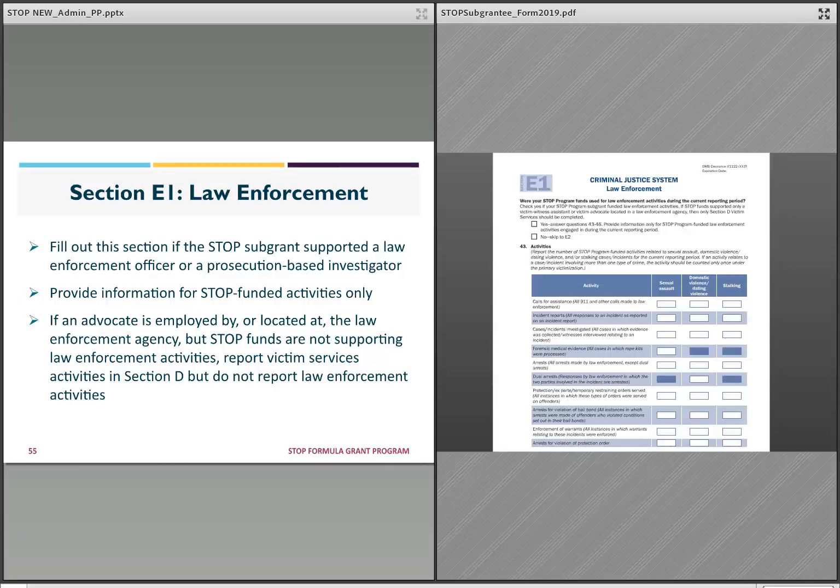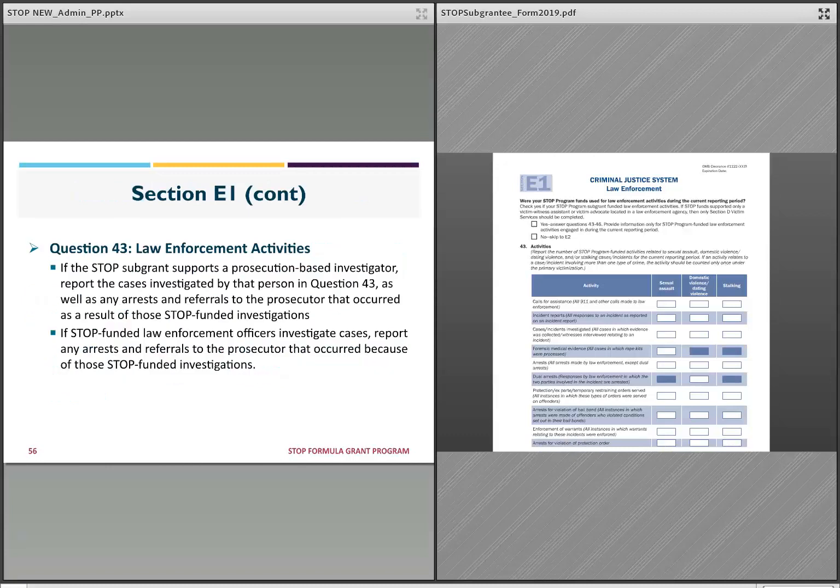If an advocate is employed by or located at the law enforcement agency, but STOP funds are not supporting law enforcement activities, those advocates' activities should be reported under the Victim Services section, Section D, and nothing should be reported in the Law Enforcement section, Section E1.